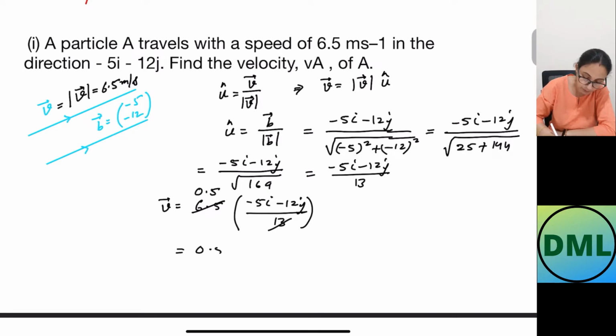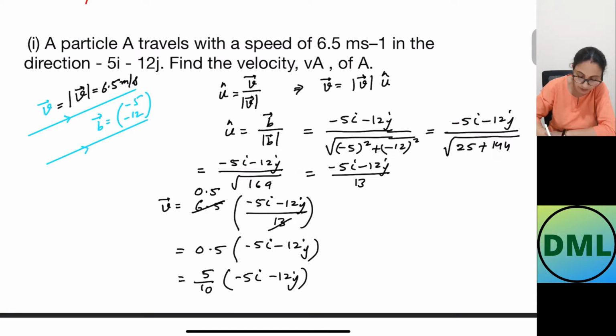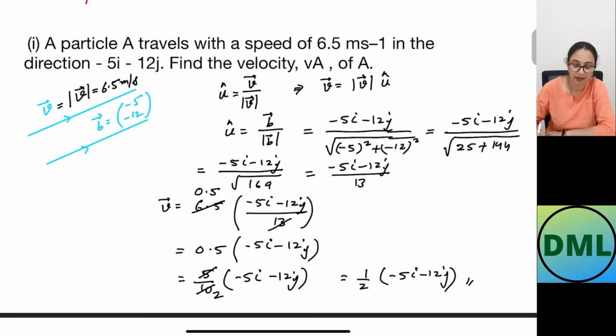So 0.5 multiplied by minus 5i minus 12j. 0.5 will be written as 5 over 10, so 5 cancels and it will be 2 here. So our velocity vector will be given by half of minus 5i minus 12j. That will be your answer.